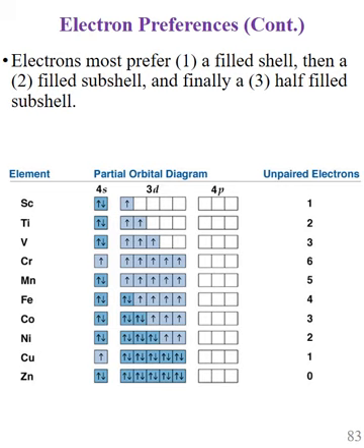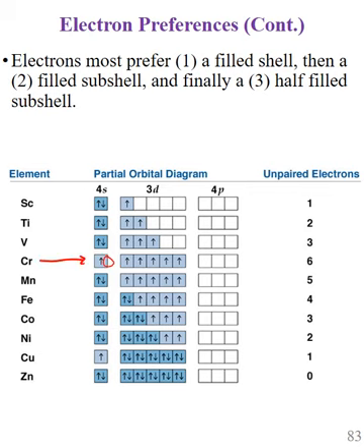But here at chromium, chromium has something weird going on. Notice that the electron in the 4s moves and goes in place of the 3d.